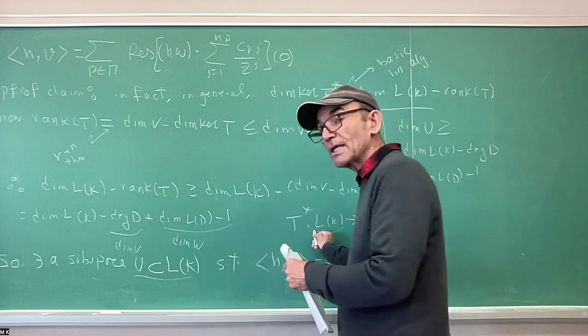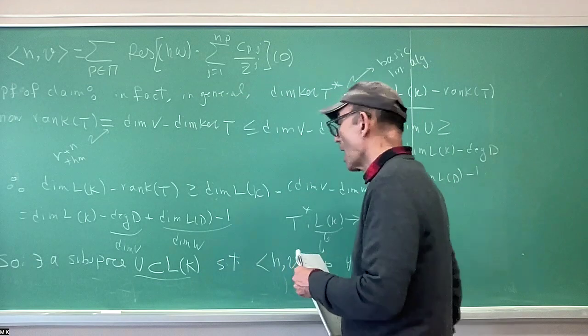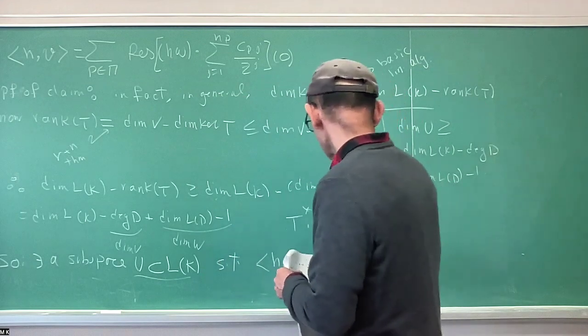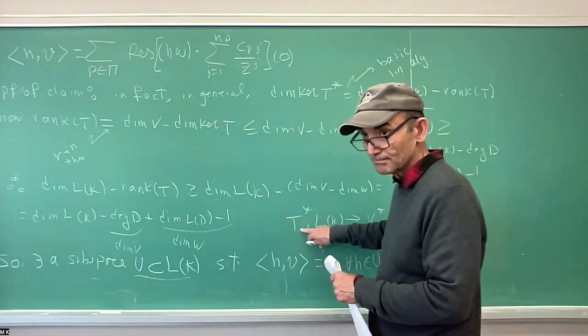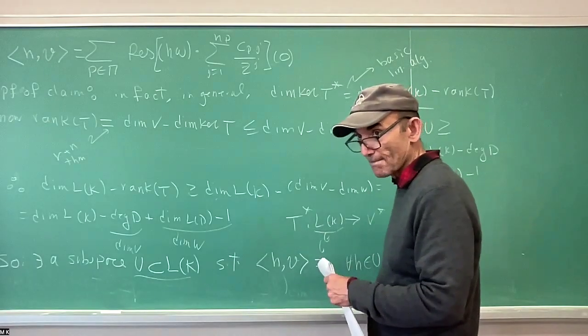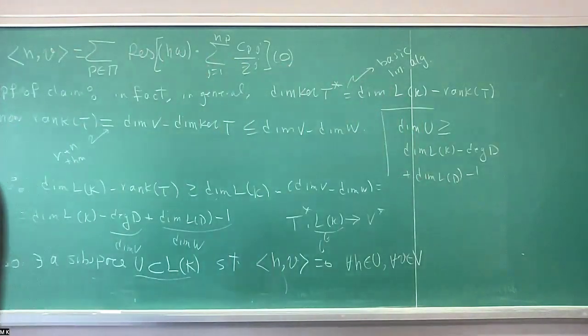And we found something, which we called U, that is in the kernel of T star.